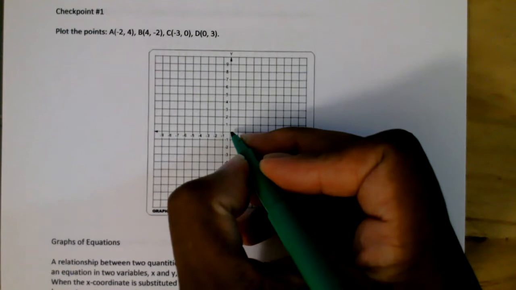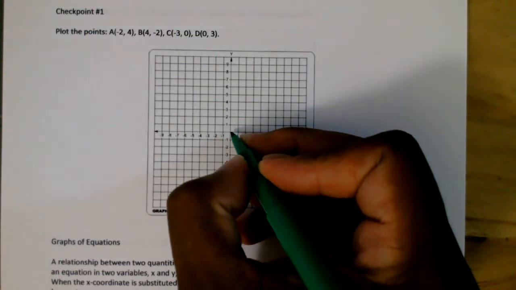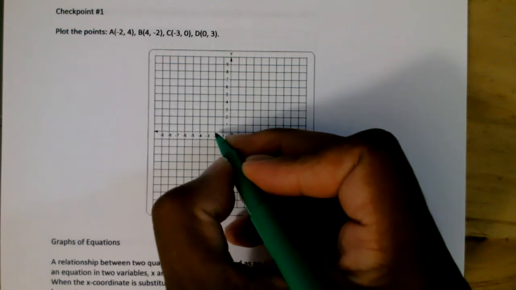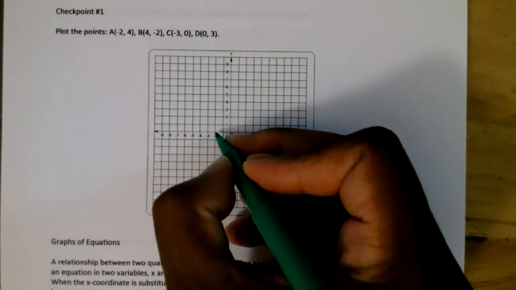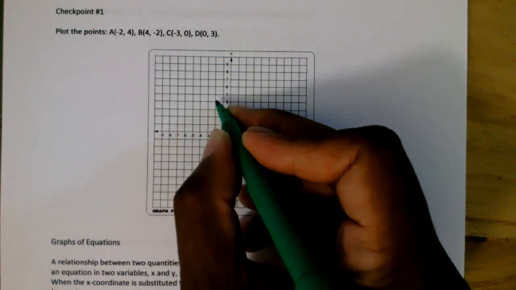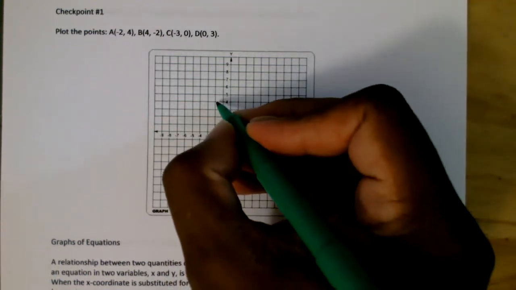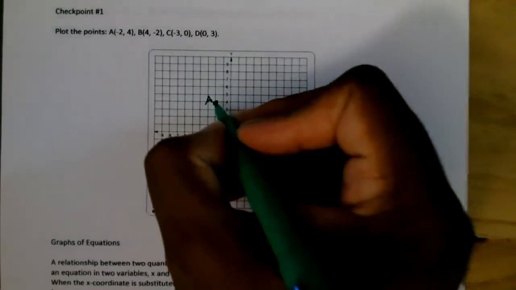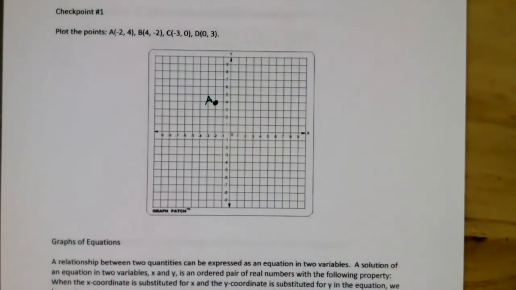From the origin, our x coordinate is -2, so that means I need to go to the left 2 places. And then my y coordinate is 4, so I go up 1, 2, 3, 4. And this will be point A, with the ordered pair -2, 4.